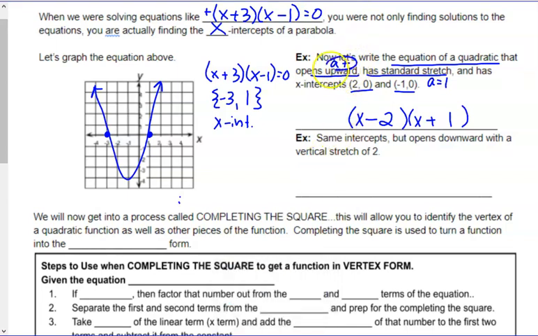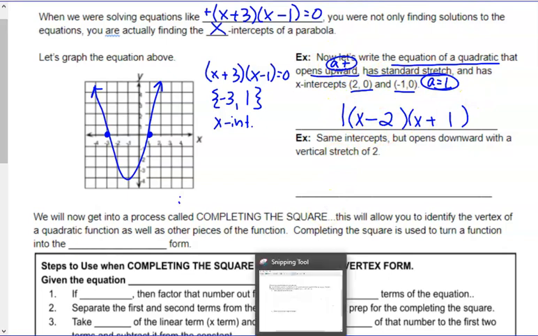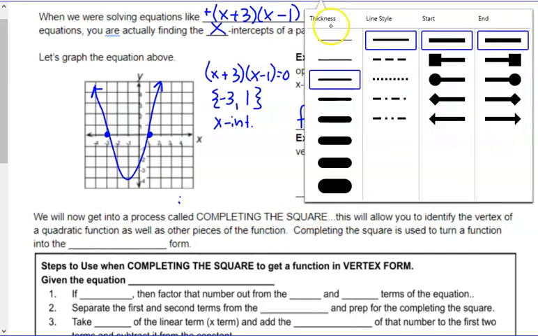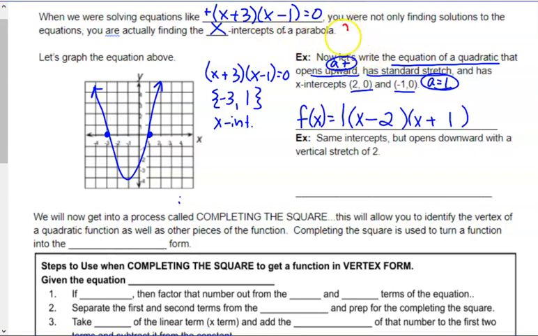Now, A is positive and A is equal to 1. You can go ahead and put that out front if you want. But here, we now have our function. So what we're looking at here, this is another way to keep your answer. This is what we call the factored form.